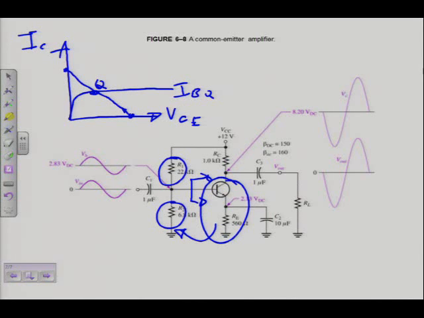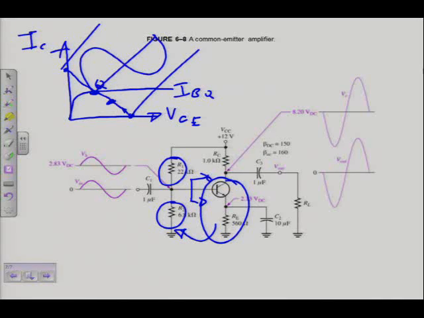That IBQ is determined by what? VB, voltage determined by R1 and R2. So if that VB isn't 5 volts anymore and it's 3.3, my Q point is going to be sitting there. There I had my nice signal between cutoff and saturation that I wanted to amplify.